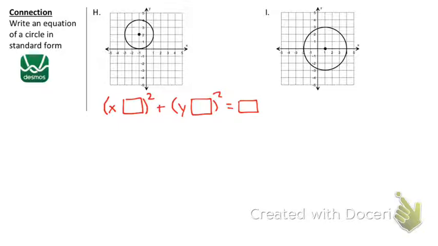We just have to remember that this blank here is our H and our K, and we get our H and our K from the center of our circle. So if you look, my h and k will come from the center point.